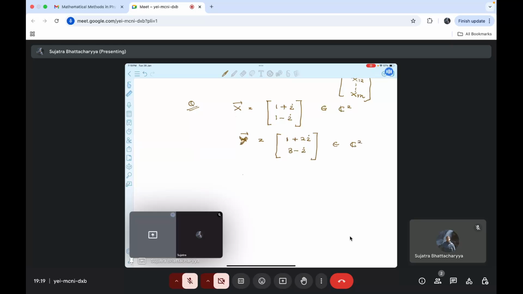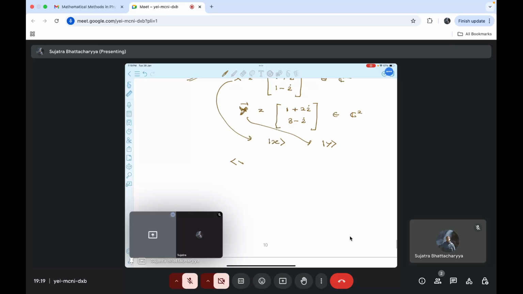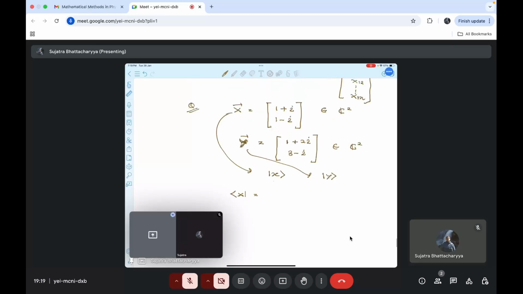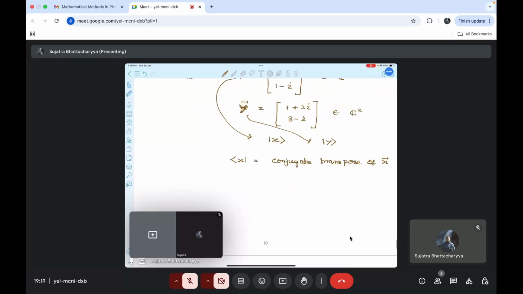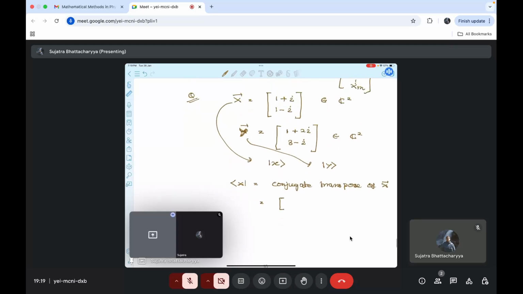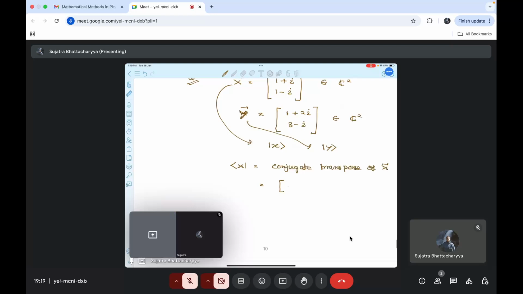Now, how will we do this? So, this x is nothing but this, and this y is nothing but this. If I have to calculate this, it will be the conjugate transpose of x, right? So how will I do that? Transpose will be, because x is a column vector, now it will be a row vector, but complex conjugate.